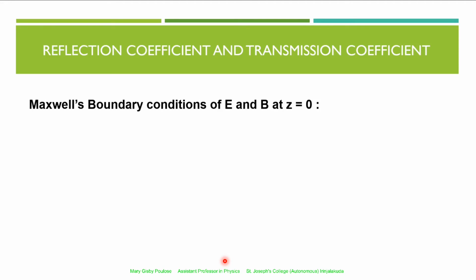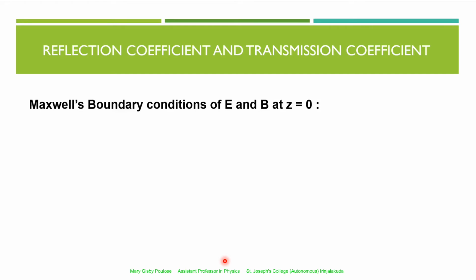Now, at every boundary, Maxwell's conditions should be satisfied. Hence, for electric and magnetic fields at the boundary z = 0, Maxwell's conditions imply that the tangential components of electric and magnetic fields are continuous.